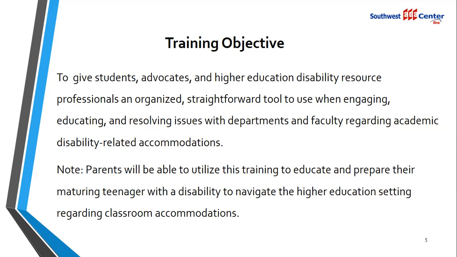Now, please note that parents will be able to utilize this training to educate and prepare their maturing teenager with a disability to navigate the higher education setting regarding classroom accommodations.